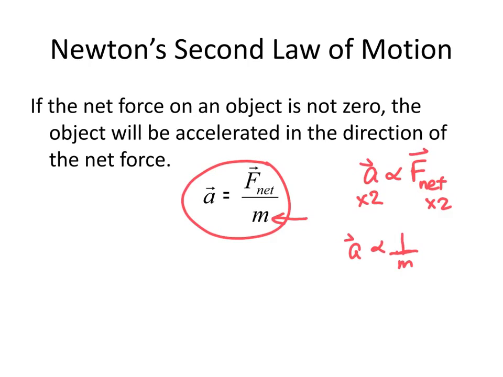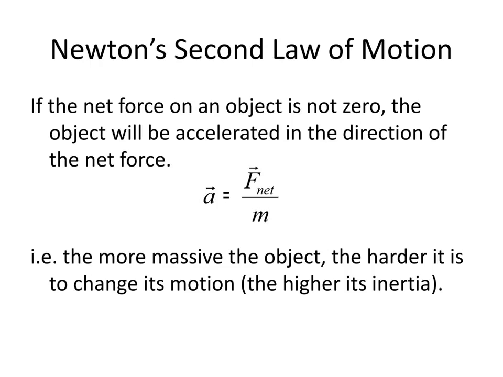So if I double the mass of the object, then the acceleration will be cut in half. So the more mass of the object, the harder it is to change its motion. That relates back to Newton's first law because, remember, we said that objects with greater mass have more inertia.